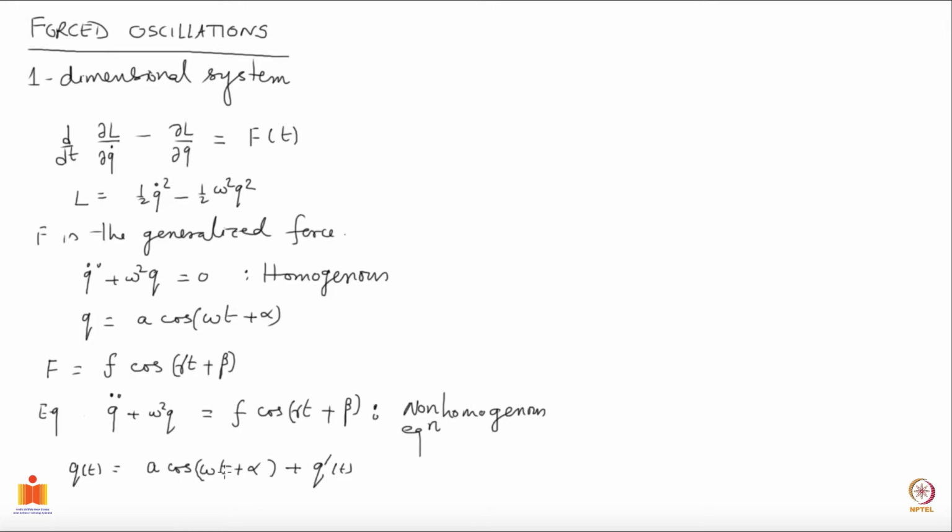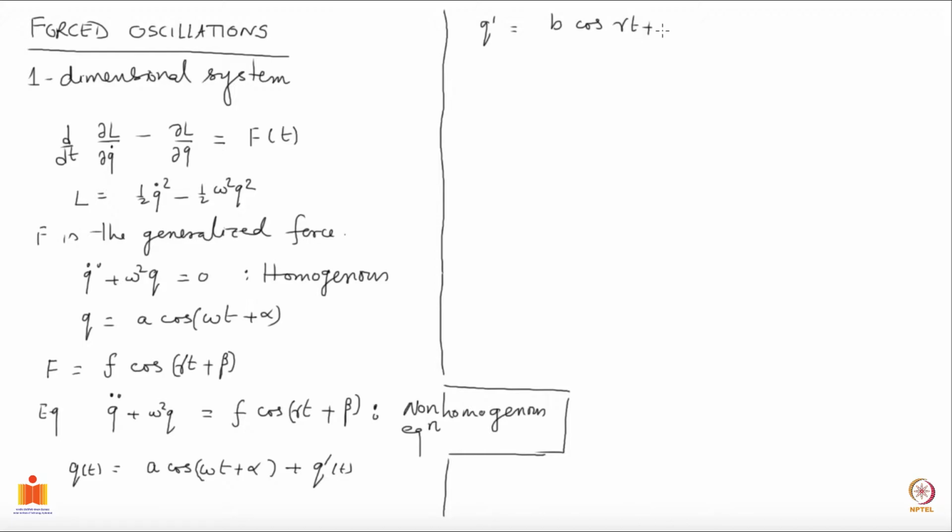Let me draw a vertical line here. Let me search for a particular solution of this form. I say q prime will be some b cos(gamma t plus beta).